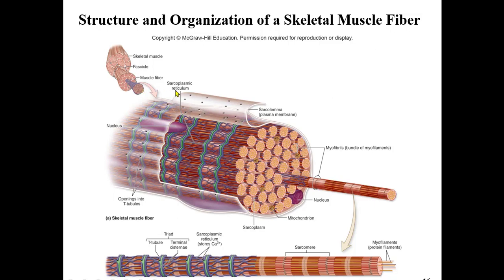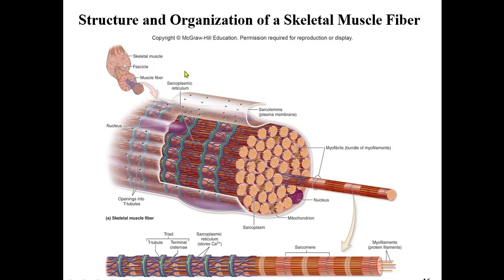Now, what's in it? These little pillows that are inside, shaded, the sarcoplasmic reticulum, which from now on I will call SR. The sarcoplasmic reticulum contains calcium. And yes, calcium is very important for muscles. Okay?